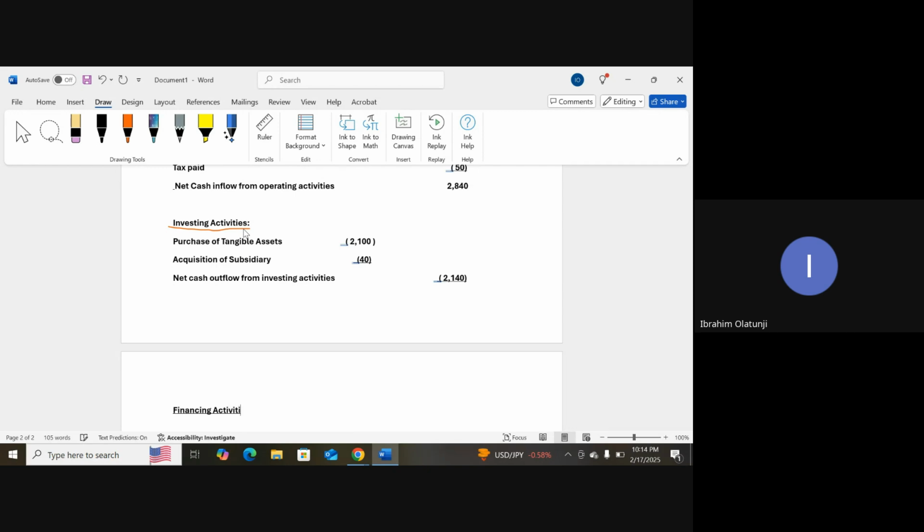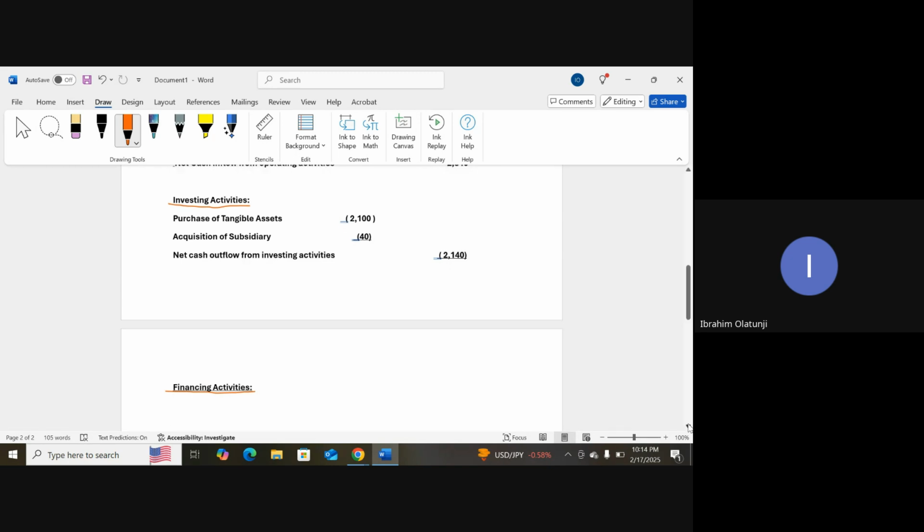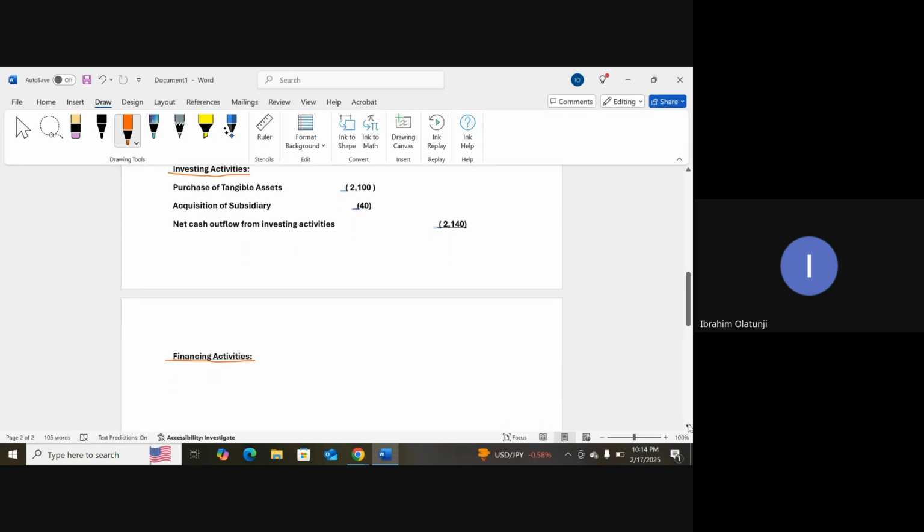activities. So these financing activities is the last heading that we are going to do under the cash flow. What financing activities is talking about is that if you want to finance your business, you need a lot of things. Number one, it can be in form of money.